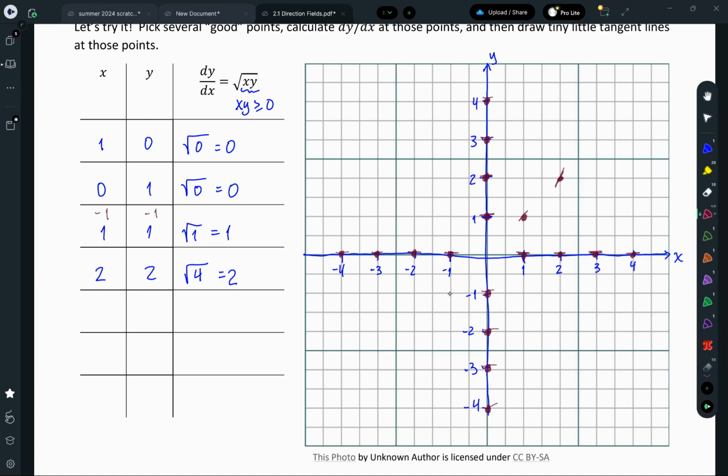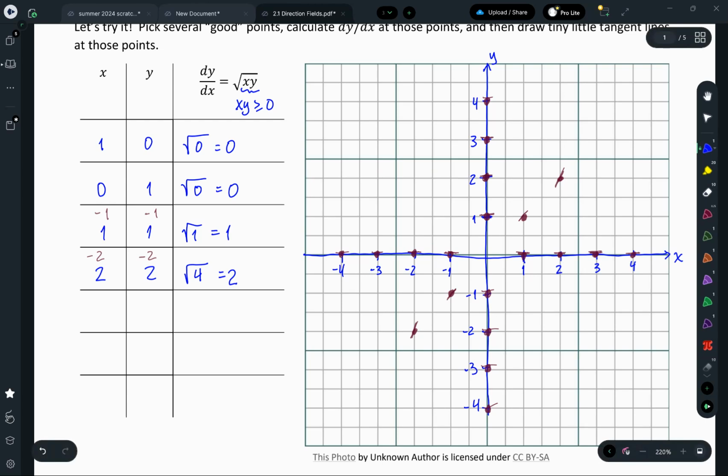And so I can also go down here and have the point negative 1 with negative 1 has a lineal element with a slope of 1. Similarly, if I'd plugged in negative 2 and negative 2, I'd still get the square root of 4, which is 2. So again, I'll get another point in there, but it has a steeper slope.